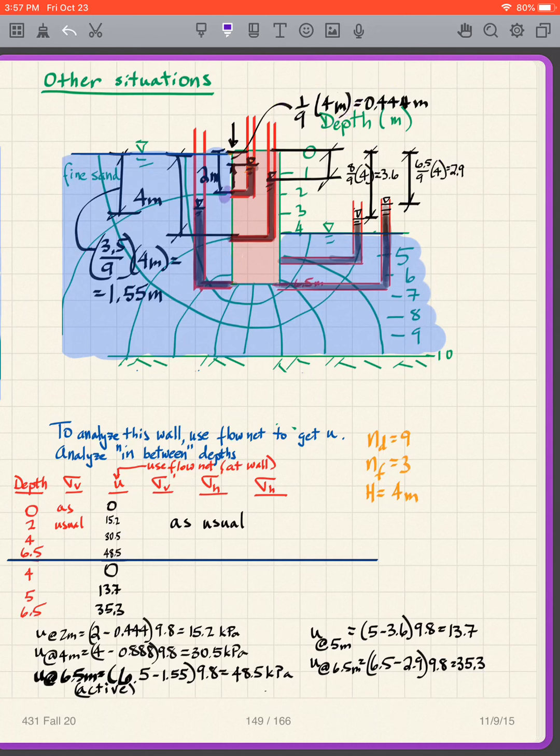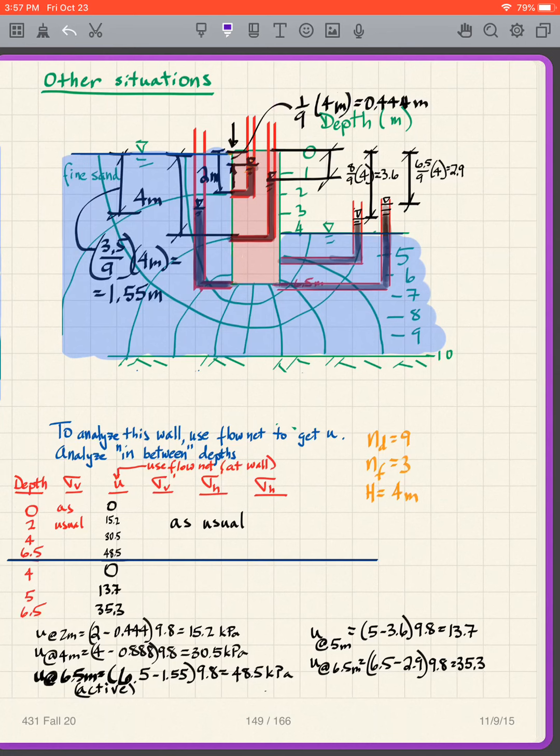So when I draw my little piezometer, the drop is the change in the water level. In other words, the water level drop that shows in the piezometer is 1/9 of 4 meters.